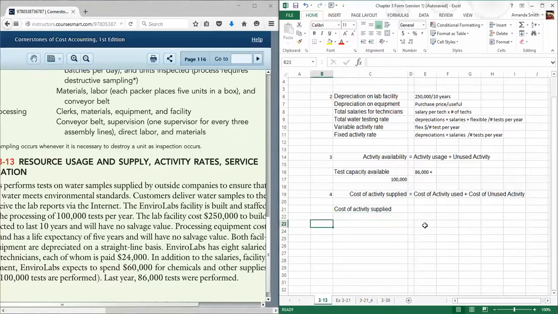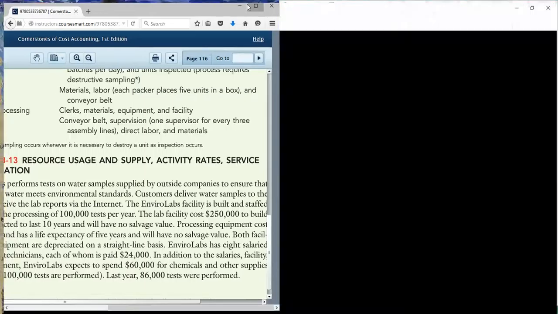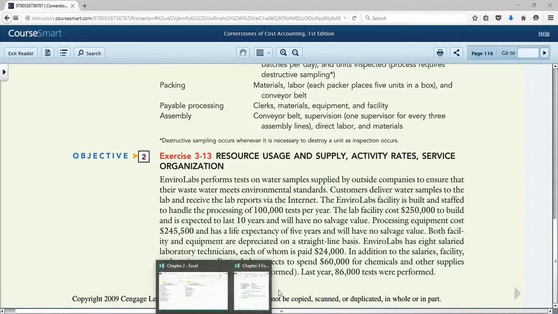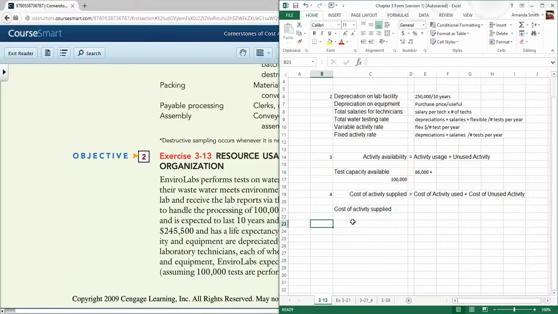And so for this one, let me increase that all the way. Cost of activity supplied. So you're going to figure out the variable rate. So over here, for cost of activity supplied, you're going to have the variable activity rate times the 86,000 tests that were run.